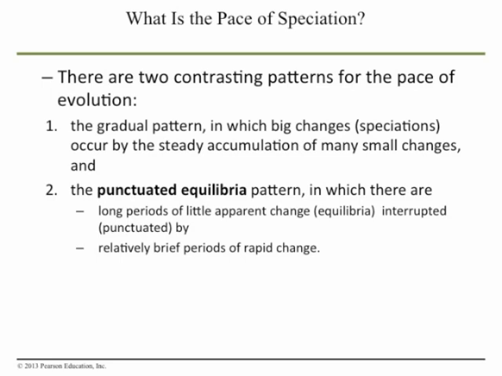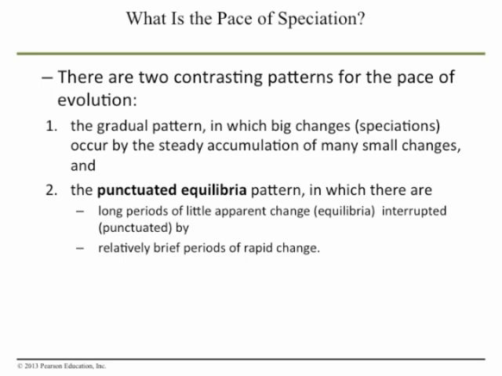So very gradually you get these small changes to what we have today. Or there could be what's called punctuated equilibria. Punctuated means that it's got these distinct bursts in which there's long periods where there's really no change, or there's what's called equilibria, there's no change, that's interrupted or punctuated by brief periods of very, very rapid change.